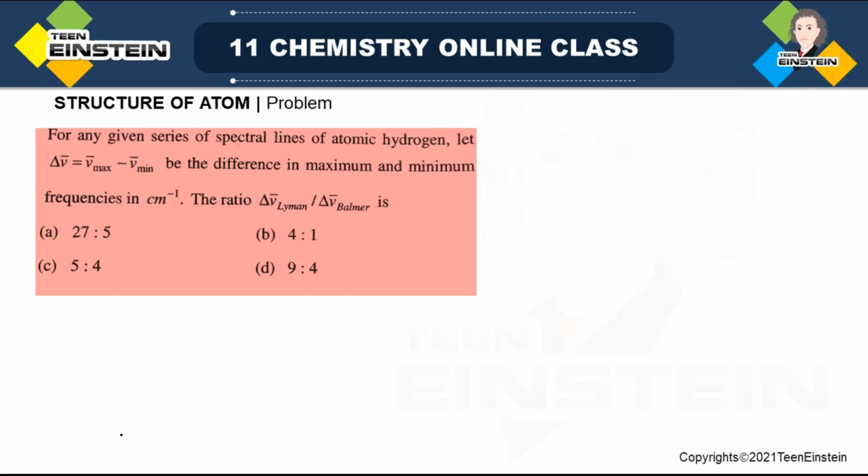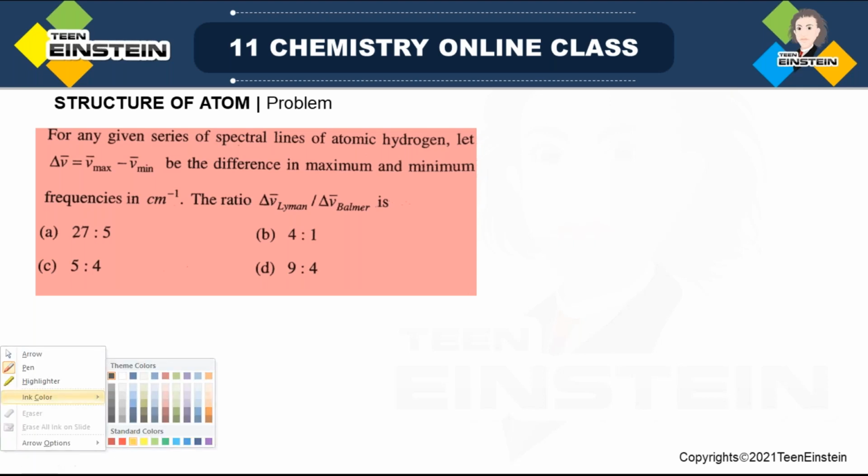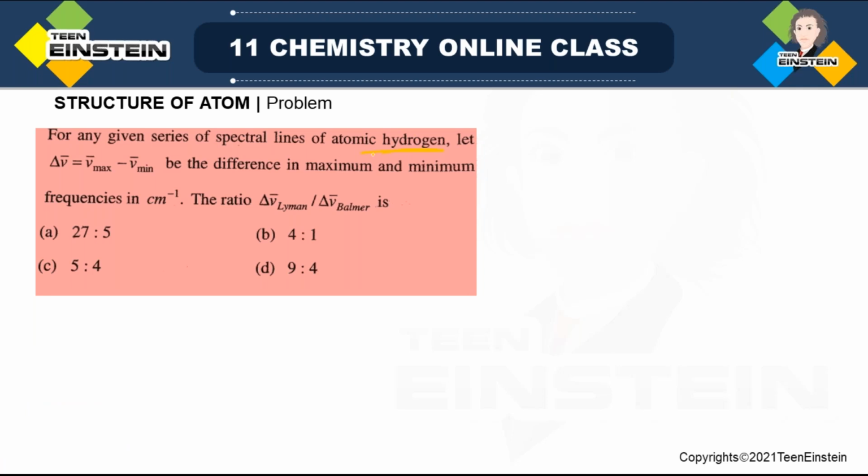For any given series of spectral lines of atomic hydrogen, let del nu bar be equal to nu bar maximum minus nu bar minimum, or you can say 1 by lambda max minus 1 by lambda minimum, be the difference in maximum and minimum frequencies in centimeter inverse.